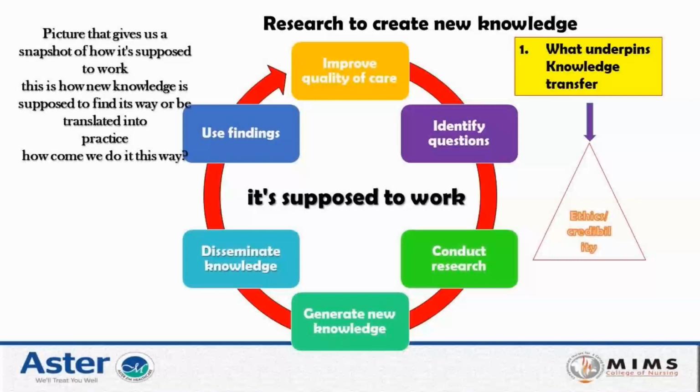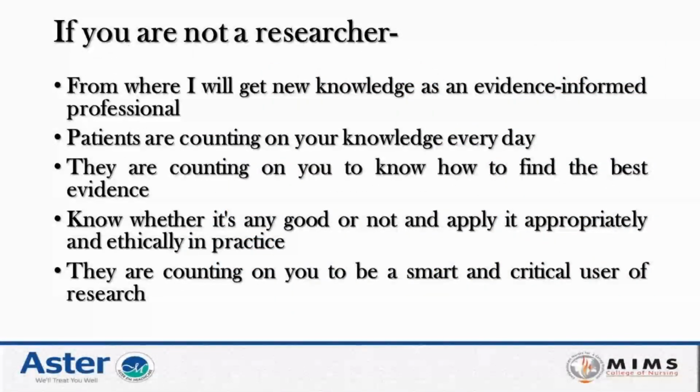Then if you are not a researcher, from where will you get the knowledge? I have already told you the 3 types of knowledge, where you will get explicit, implicit and tacit knowledge. All this knowledge can be used for translating for application. Now, from where will I get the new knowledge as an evidence-informed person? You have to ask that question.